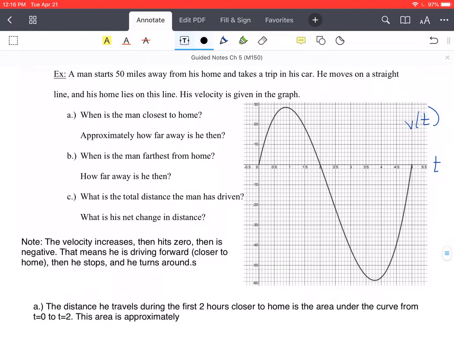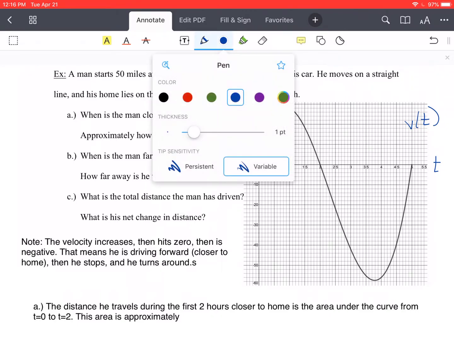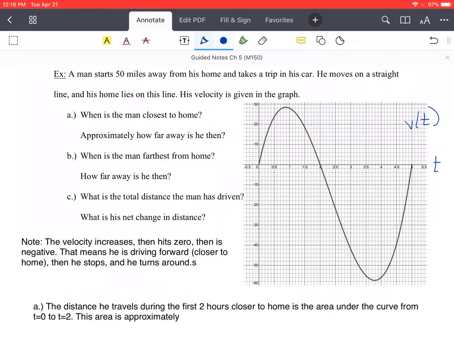Okay, so when we're interpreting this graph, really we just need to look at the grid. Without a grid this would be a lot harder. You could do a rectangular approximation on this, but we're just going to eyeball it from the grid here. Just take note of every one of these larger grid boxes. Does everybody see those grid boxes?